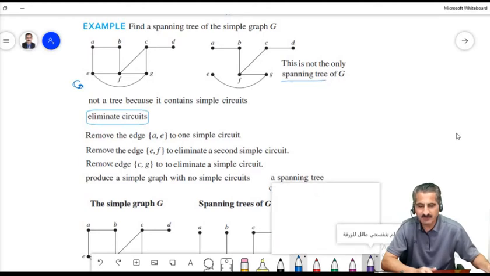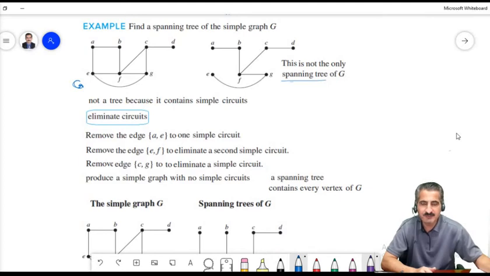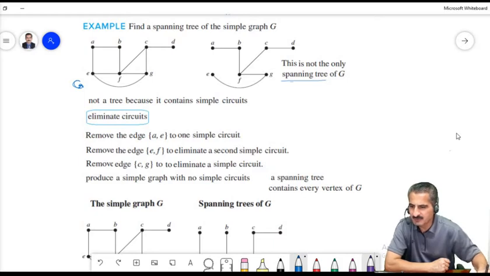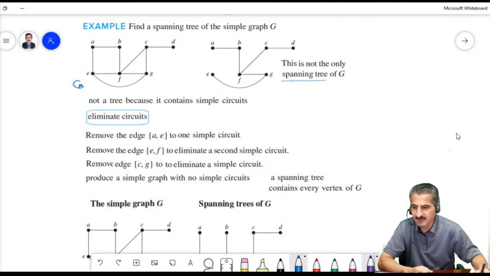We will delete edges until we get the minimum number of edges, but keeping all the vertices. The very first thing we will do is try to get rid of the circuits, because this graph G is not a tree: it contains simple circuits. So we want to eliminate circuits.